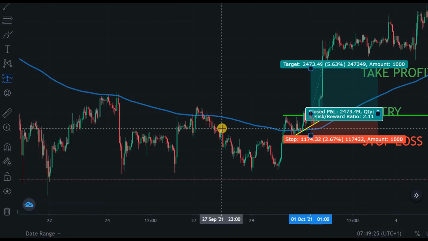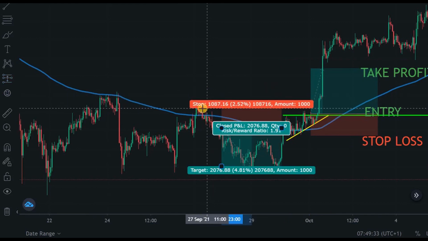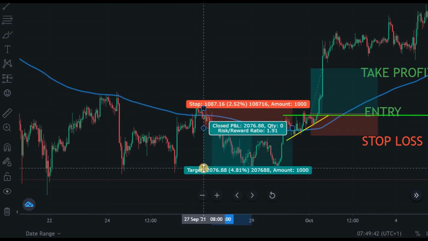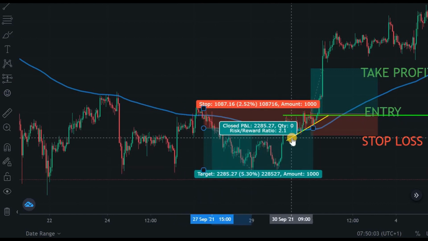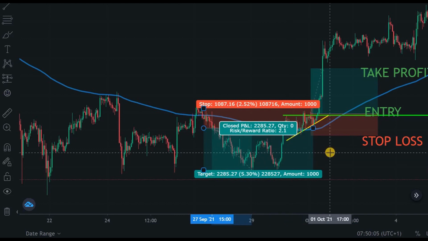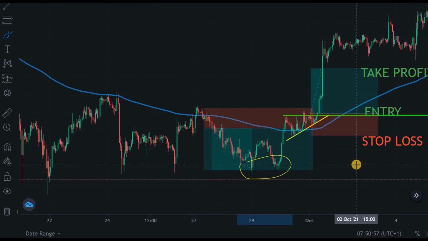My entry would be at around this level, my stop loss at the previous candlestick high right here, and my take profit at a 2-to-1 risk to reward ratio. As you can see, this right here is a 2-to-1 risk to reward ratio, and the price went perfectly to touch my price target. So this is basically how you enter a long position using the 200 length exponential moving average with a risk to reward ratio.